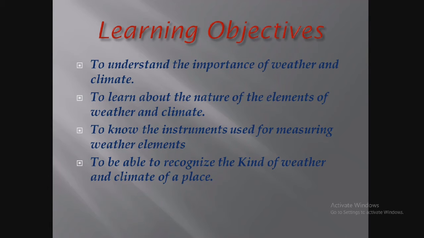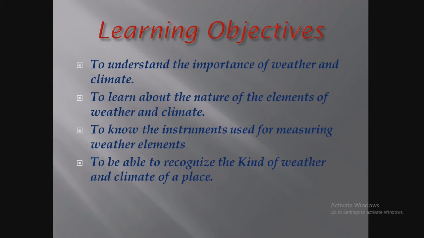So what are the instruments we are using to measure the weather elements? And to be able to recognize the kind of weather and climate of a place. So these are all the objectives of this lesson, what we are going to learn. Got it? Okay.